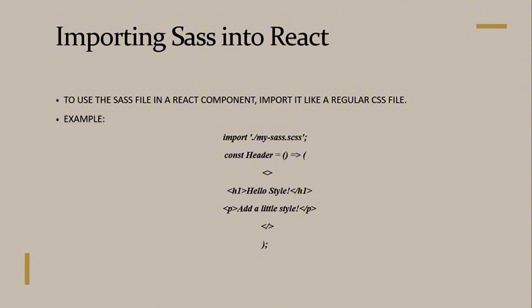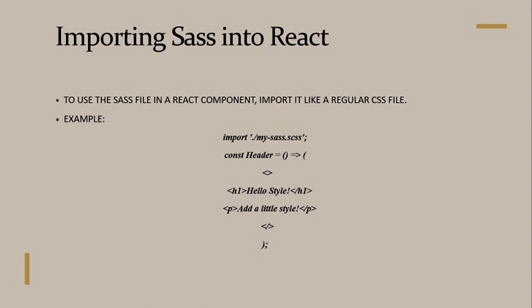We create a .scss file and then import it into our React component using import mysass.scss. And so this is how we import it using the file name. And then once the file is imported, we can use those styles inside the component.